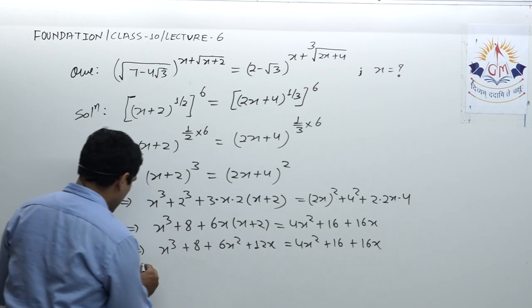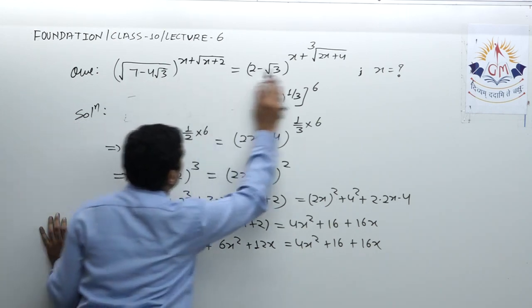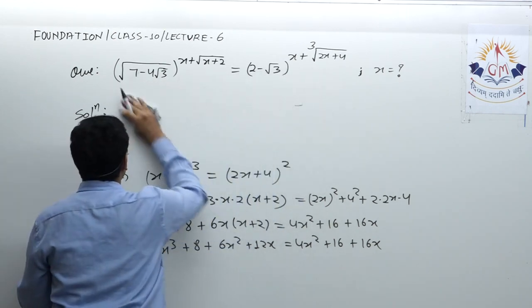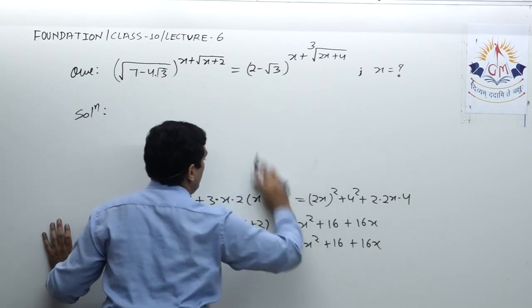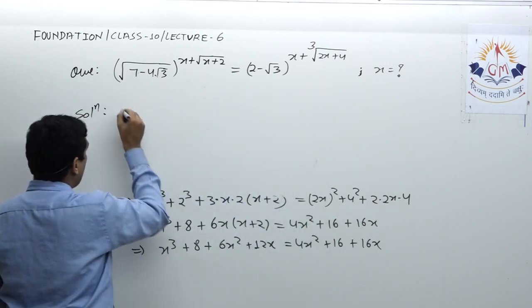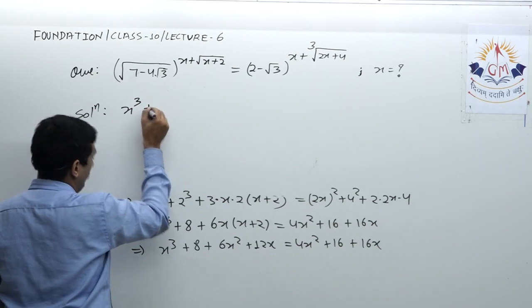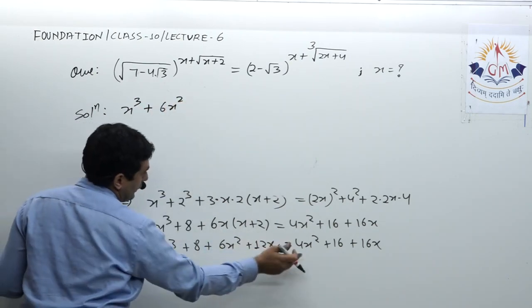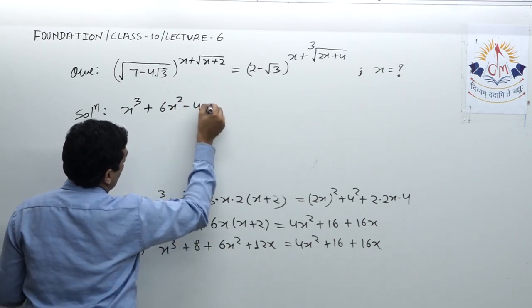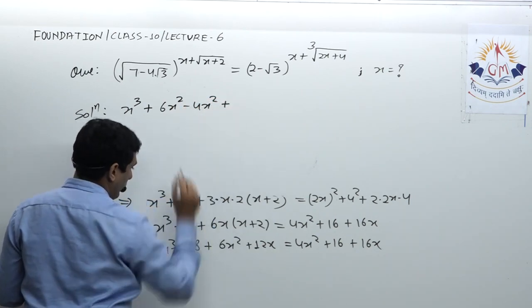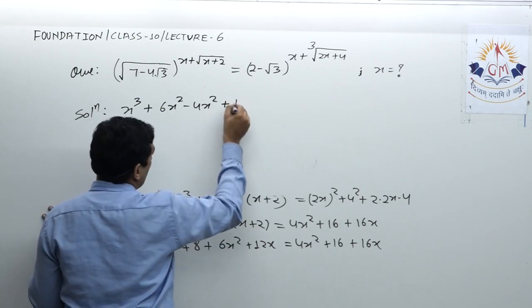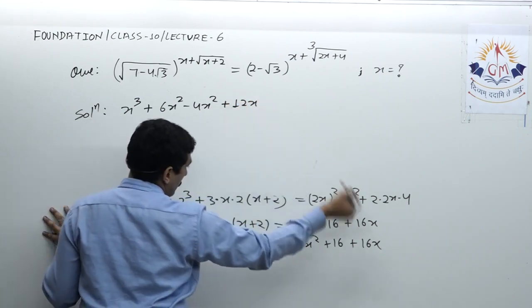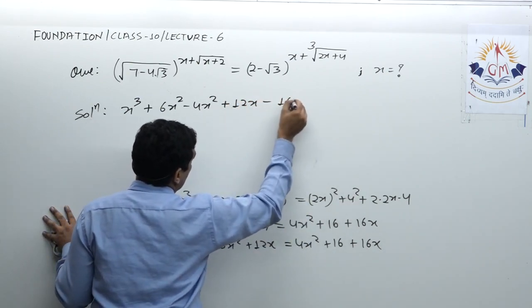Okay, so now I will take the terms on the same side. This x cube I am keeping as it is, plus the 6x square, then I'll take x square from that side, that is 4x square, so minus 4x square, plus 12x, then I will take the term of x on the right hand side.